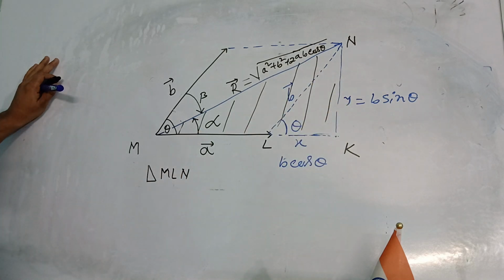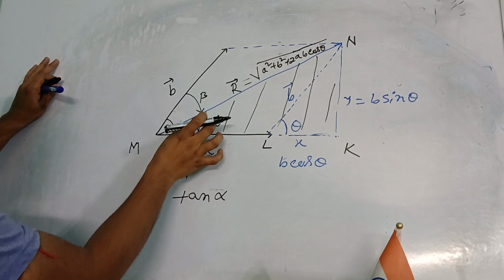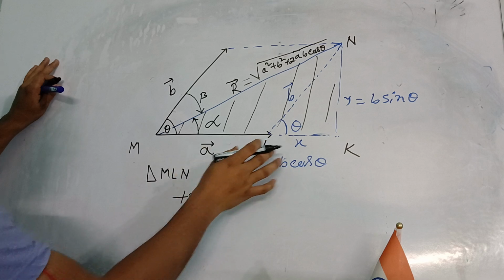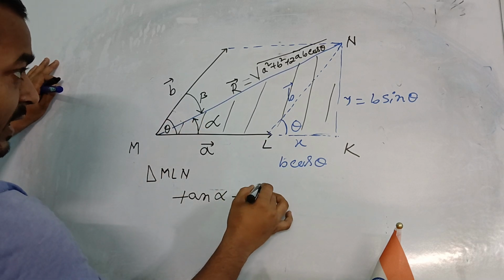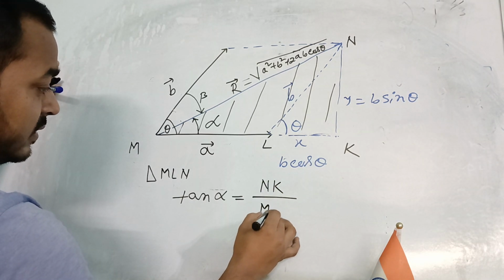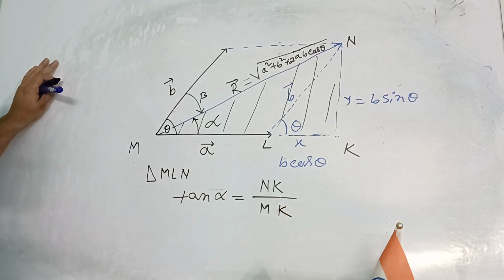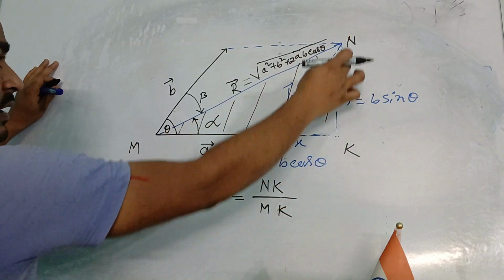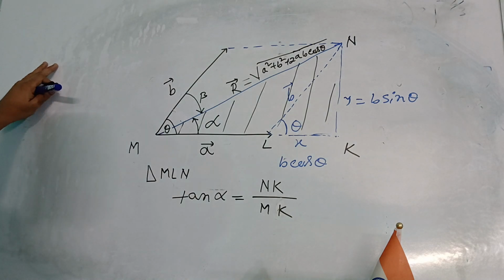From this right angle triangle, we can write tan alpha. This is alpha, and the whole MK acts as the base. So tan alpha equals the height NK divided by MK.